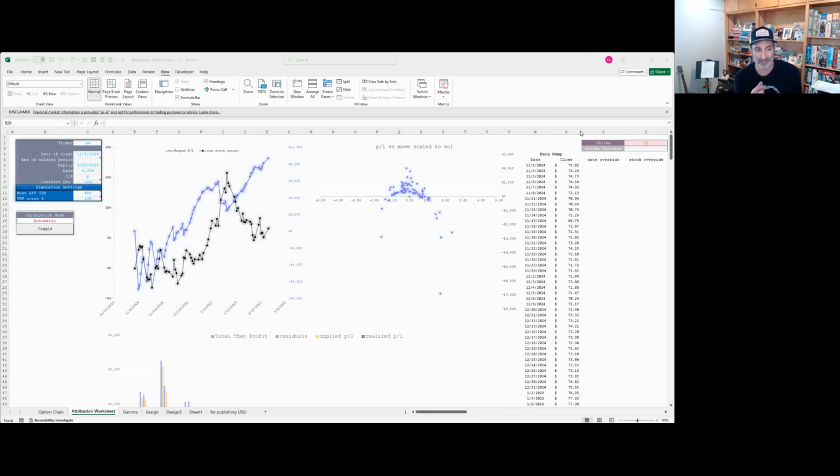By showing you the framework, you can see how to step through this problem and understand if your vol trades are actually working or not.